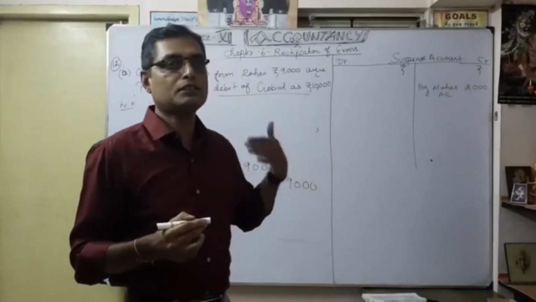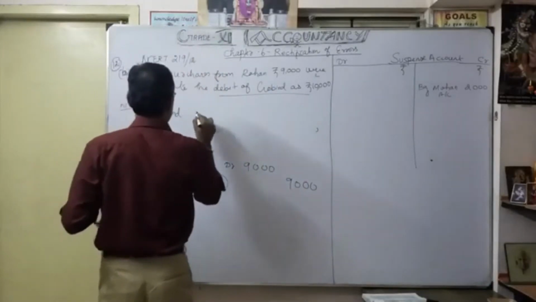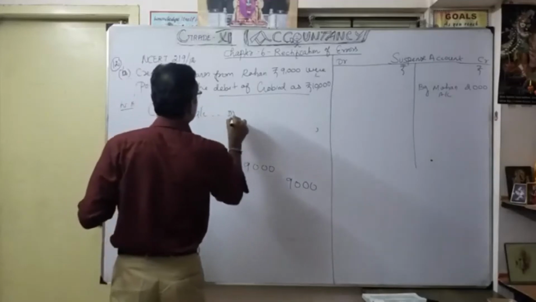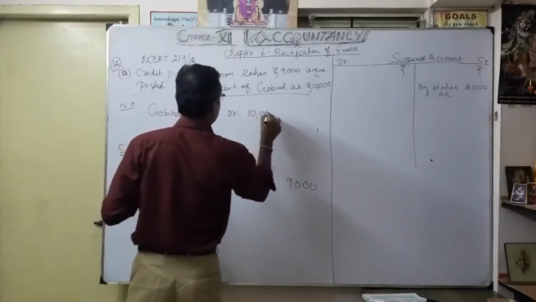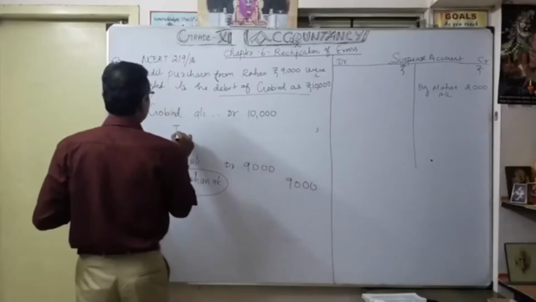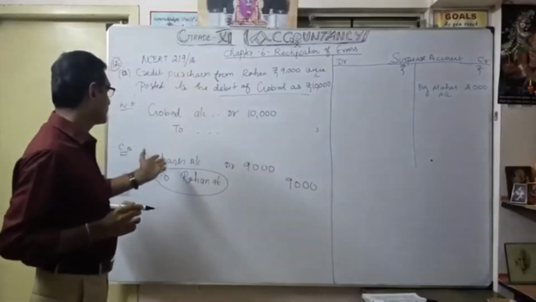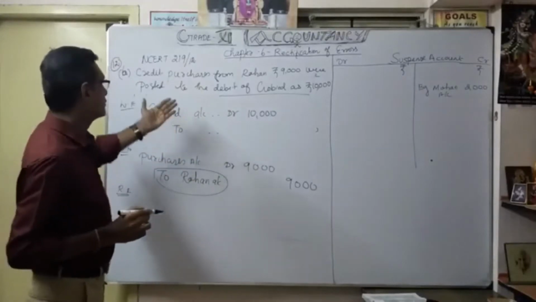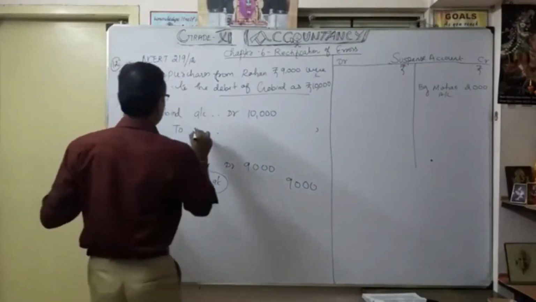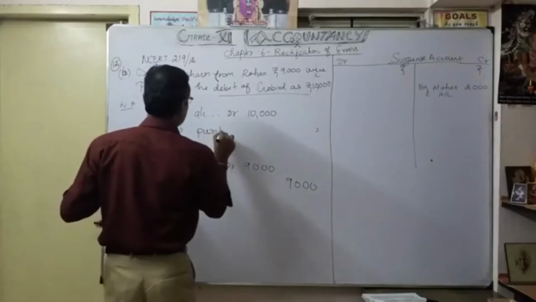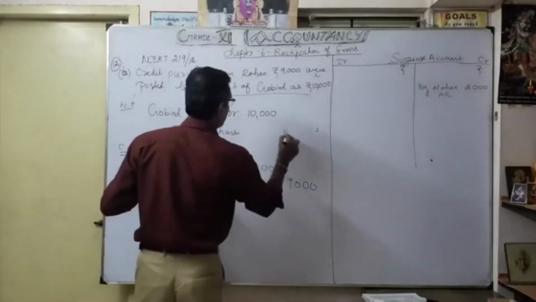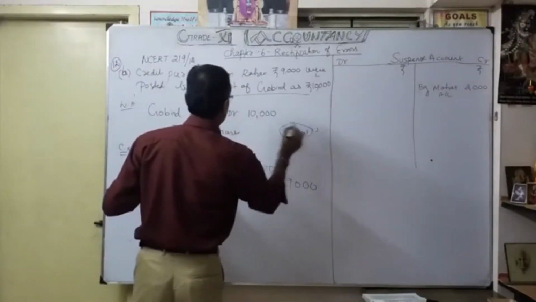Instead of 9,000, 10,000. So both mistakes are done. So Gobind account debit, how much? 10,000. As the credit part, that's what they wrongly posted. Instead of crediting the Rogan account, they wrongly credited purchases. That's what they did wrongly.